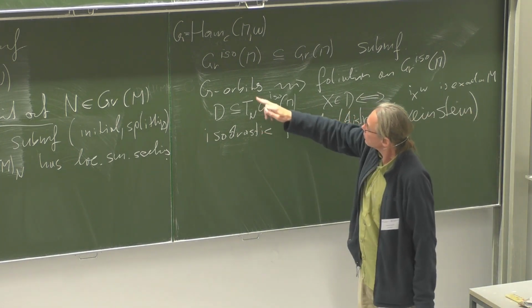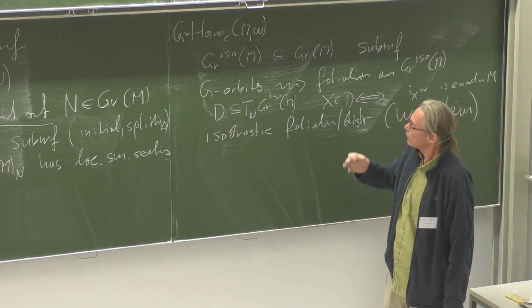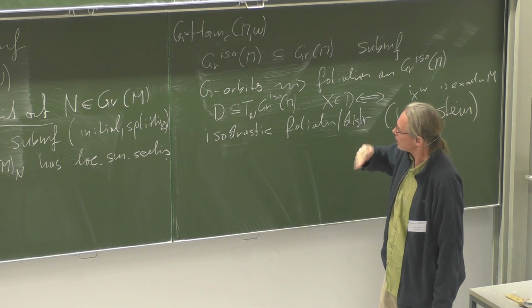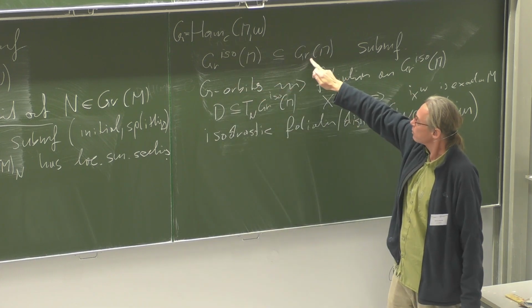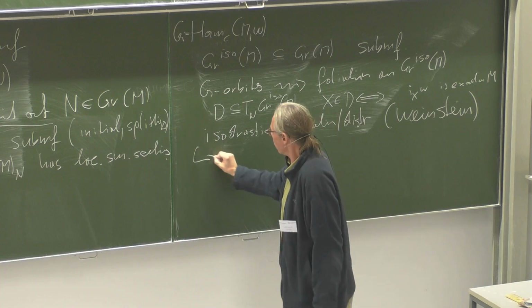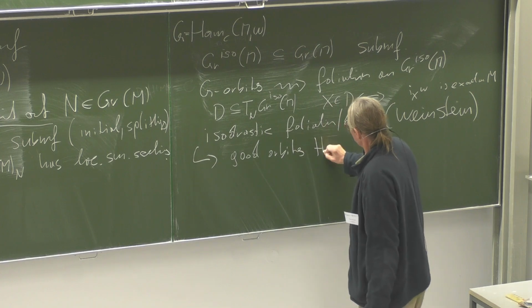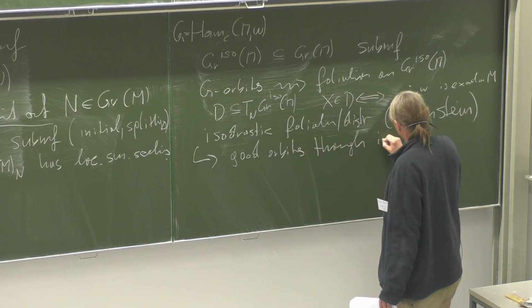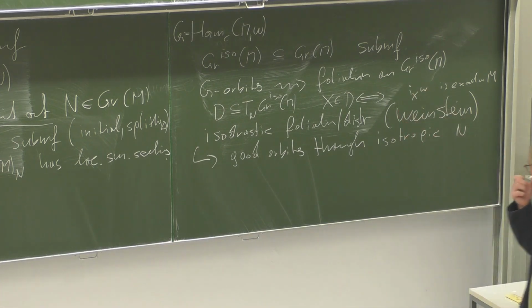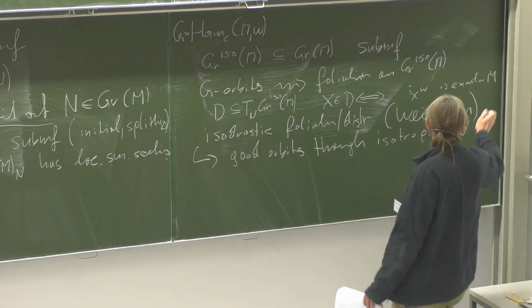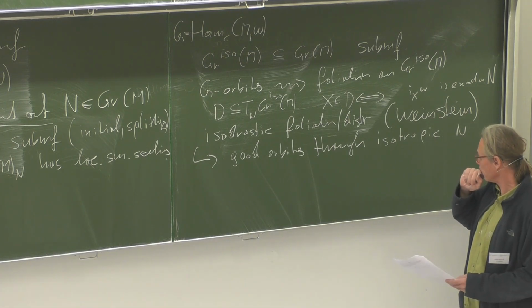So the orbit through an isotropic submanifold is going to be a nice submanifold of finite dimension in the isotropic Grassmannian, and the isotropic Grassmannian is a submanifold in the full Grassmannian, so definitely we have good orbits at isotropic submanifolds.